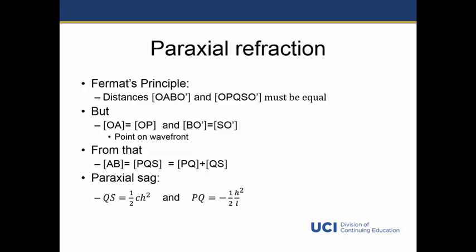Now, if we take into account the paraxial sag calculation to get an idea of what's happening right up in this region right here, this distance is referred to as the sag. The sag is a function of the surface curvature, which temporarily we're ignoring, and the height of the ray off the axis.